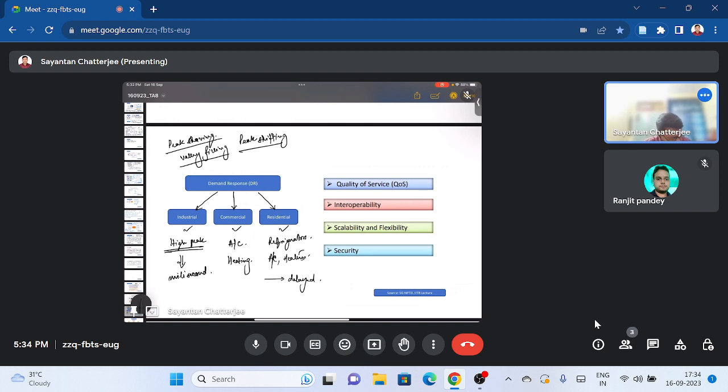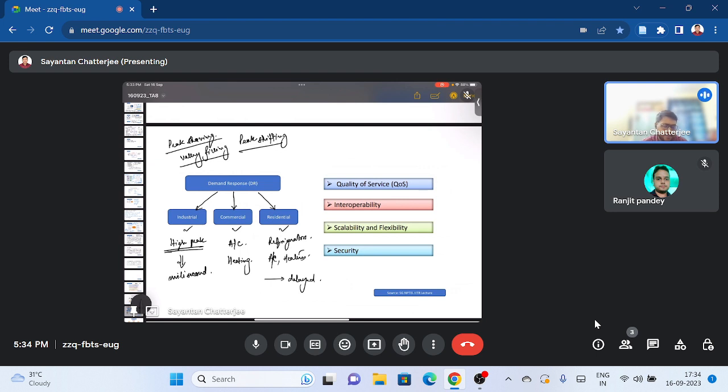So customers should be paid some incentives. That is the main aim: if we pay the customers some incentives, then the customers should be energized.